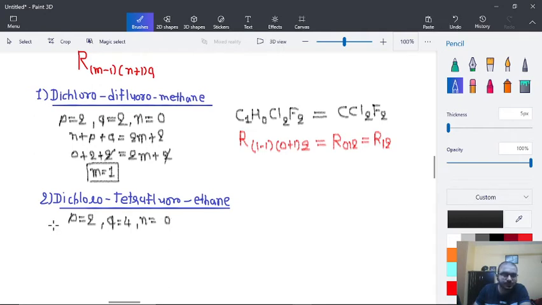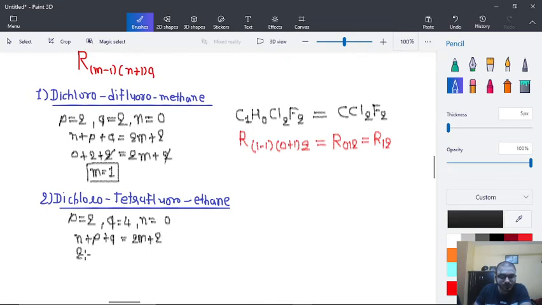So again we will begin with the fundamental equation, N plus P plus Q is equal to 2M plus 2.